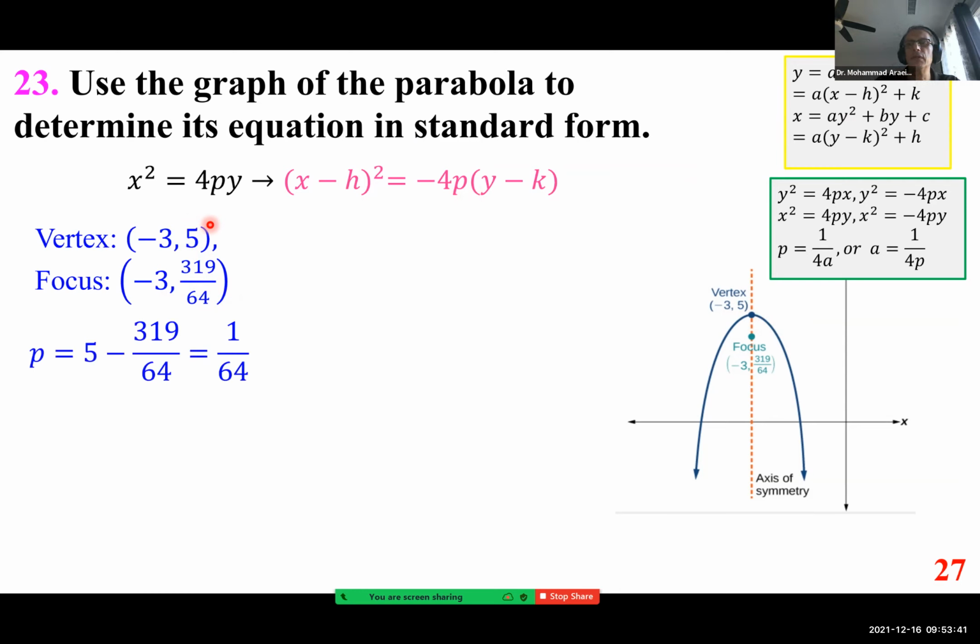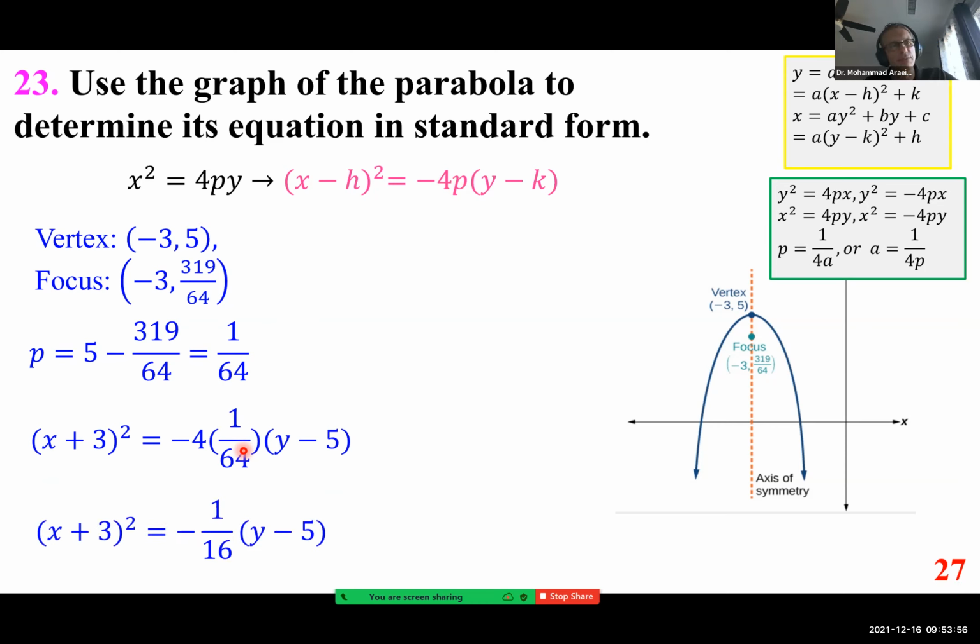So 5 minus 319/64 gives us 1/64. So that is the p-value. Plug in. And here's the final answer.